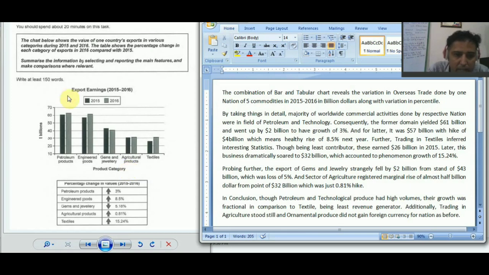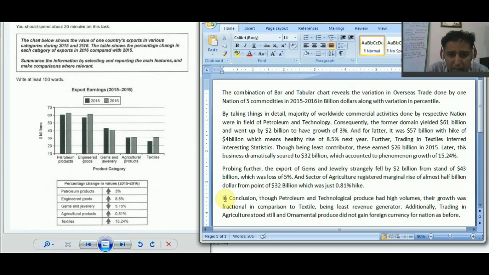What we can say in conclusion is that these two things were doing the main business. Along with that, textile, being the least currency generating item, gave the maximum hike.